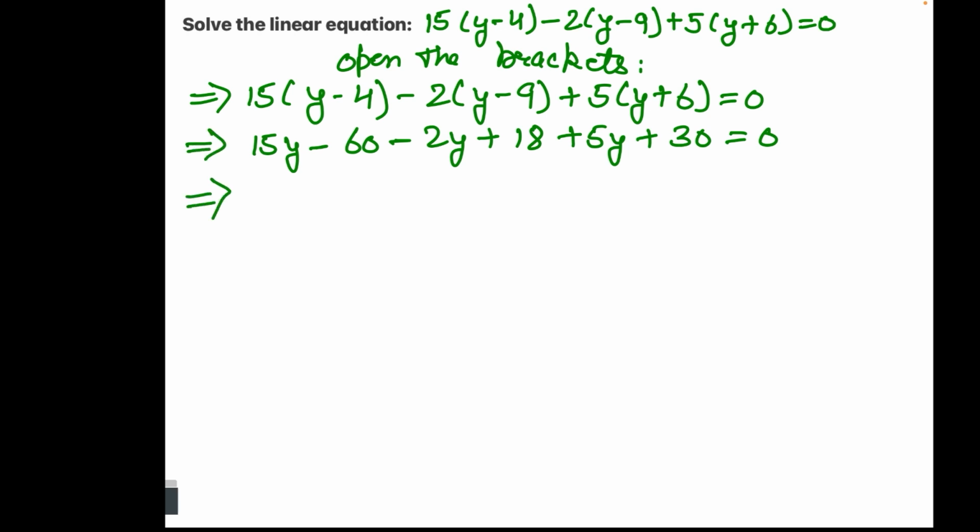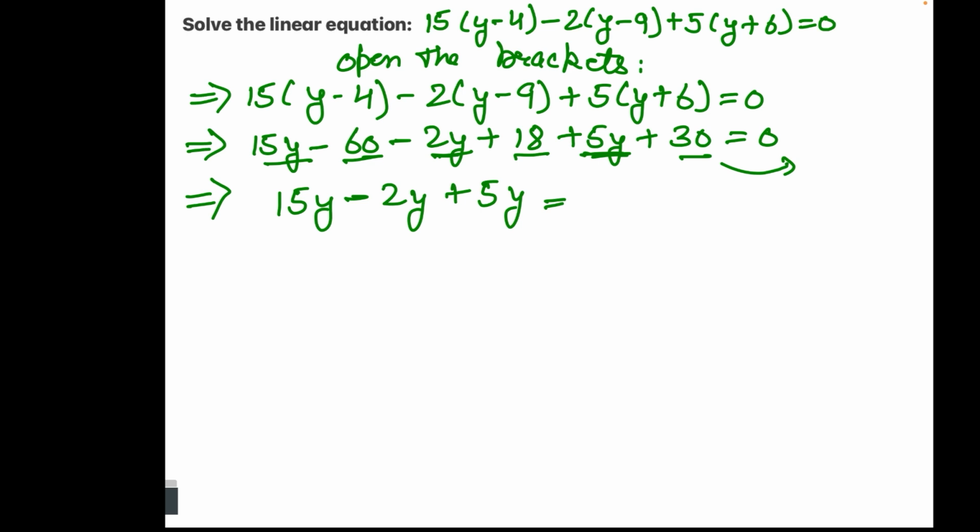Now we will bring the variables to one side and constants to the other side. So 15y minus 2y plus 5y is equal to, we will shift minus 60 to the right hand side and minus 60 will become positive 60.